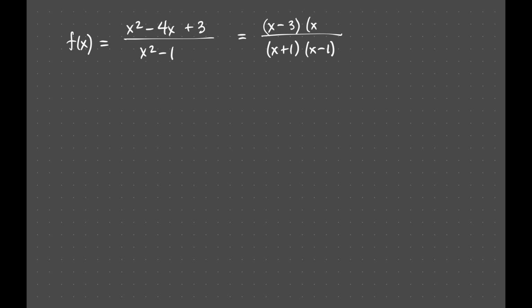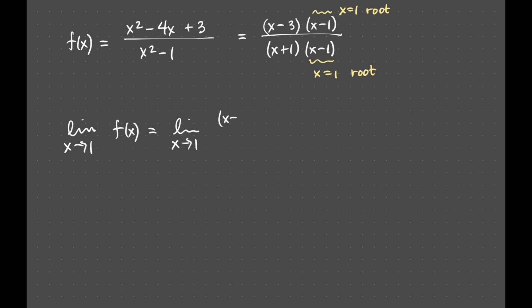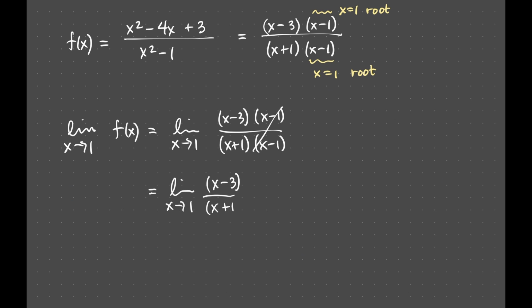It's important to be a little bit careful when investigating the existence of vertical asymptotes, because not all roots of the denominator lead to vertical asymptotes. For example, consider this rational function. The point x equals 1 is a root of the denominator, but it's also a root of the numerator, so in the limit as x goes to 1, we can actually reduce by this common factor of x minus 1 to find that the limit is equivalent to the limit of x minus 3 over x plus 1.